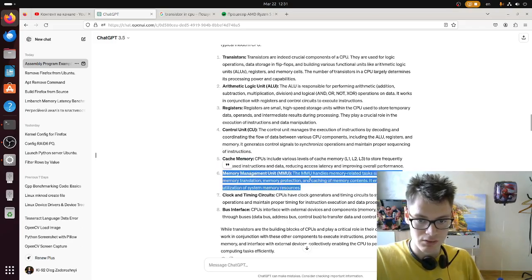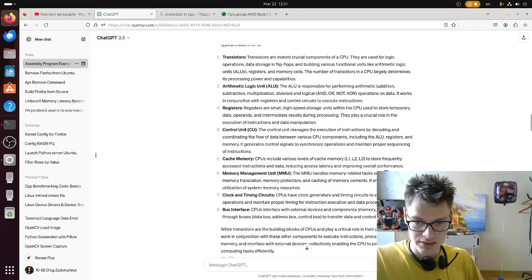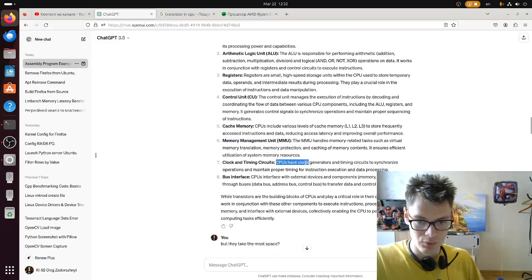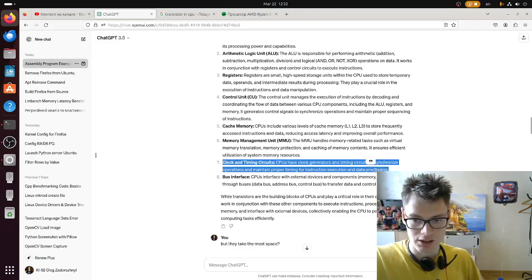Memory management. MMU handles memory related tasks such as virtual memory translation, memory protection and caching of memory contents. So it's just another functionality. Clock and timing. CPUs have clock generators and timing circuits to synchronize operations and maintain proper timing for instruction execution and data processing.